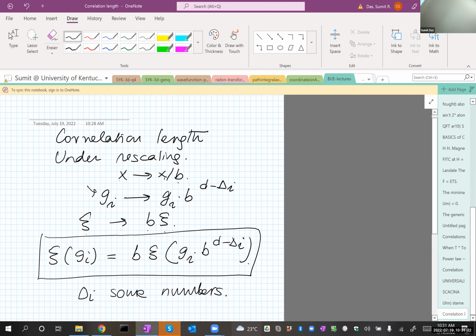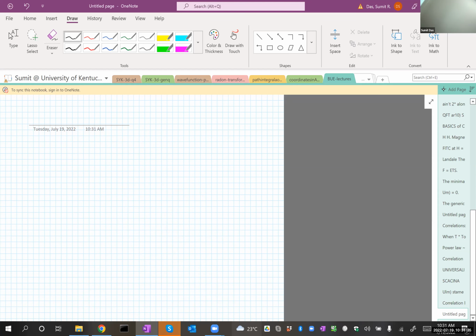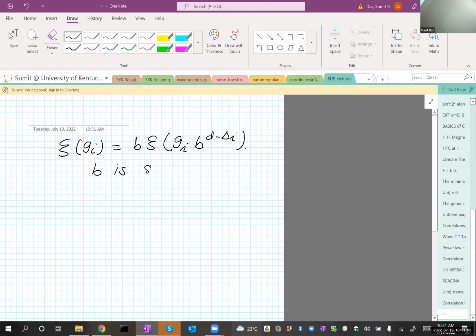And if I just take in the Landau theory some function u of m, there are infinite numbers of gi's. Okay. Now, let me rewrite this equation again. This is a mathematical equation which I haven't derived, but I sort of indicated why such an equation has to be true. And b is arbitrary.